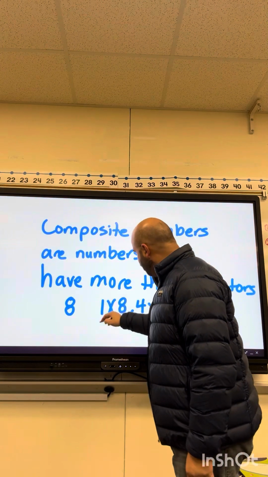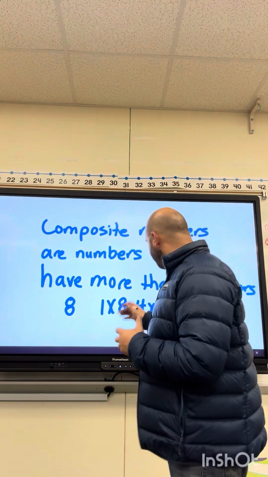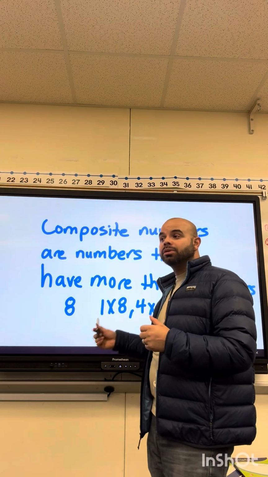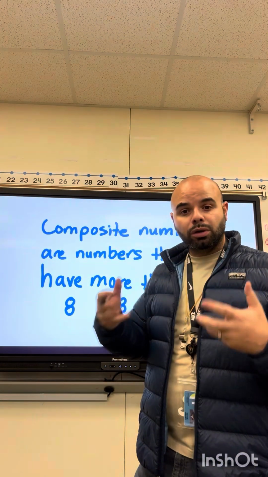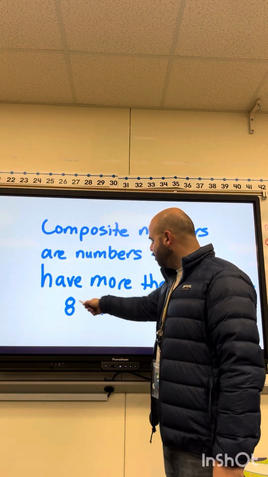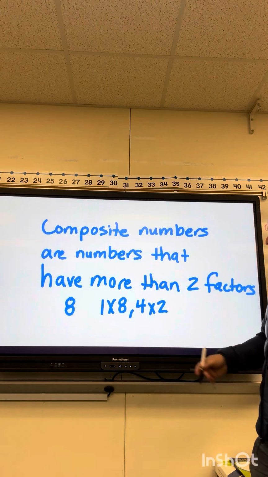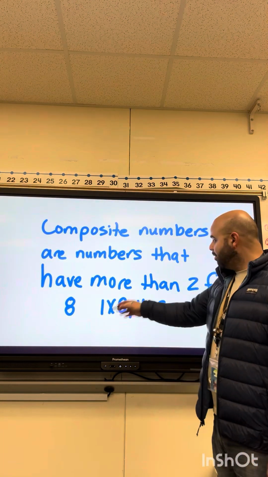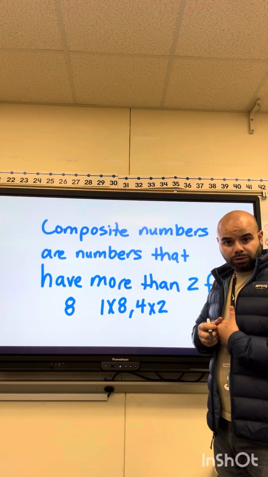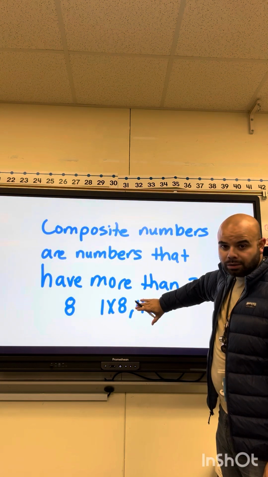Again, when you pair them, they're called factor pairs. So factor pairs are two numbers that you multiply together to get another number. In this case, 1 times 8 is a factor pair that will give me 8. 4 times 2 is a factor pair that will give me 8. You see how they have more than two factors. 2 would be just this, 1 and 8.